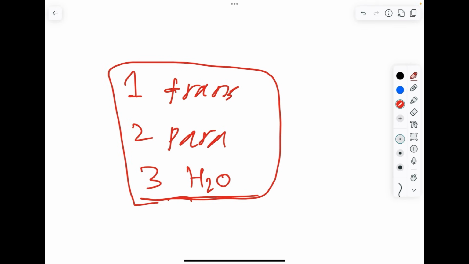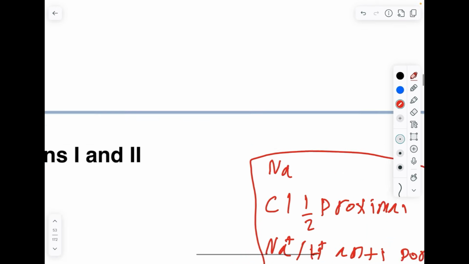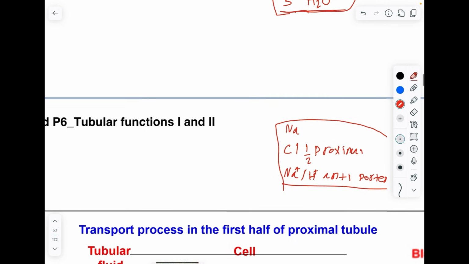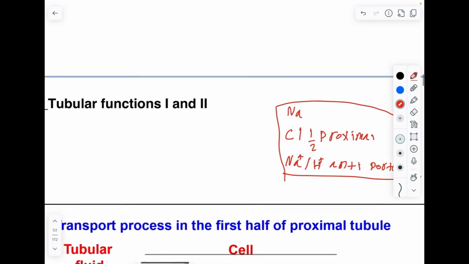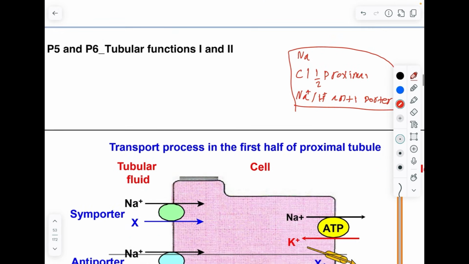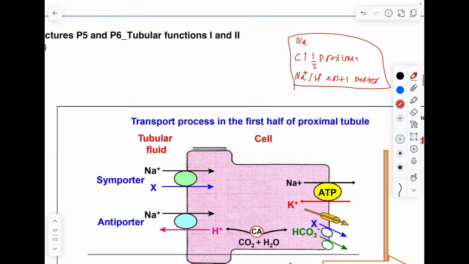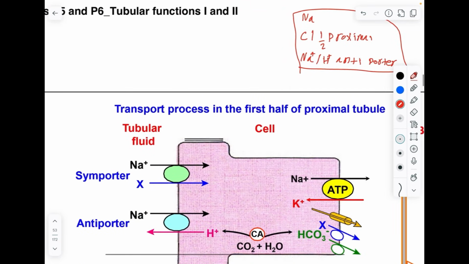If you have these three things in mind, and you know these guys, you know how to ask yourself these three questions, I promise you will, inshallah, understand all of the rest and you can remember it easy. Okay, so here, what's happening? First question you want to ask yourself, what's happening transcellularly? You will see that you have two transporters, okay?